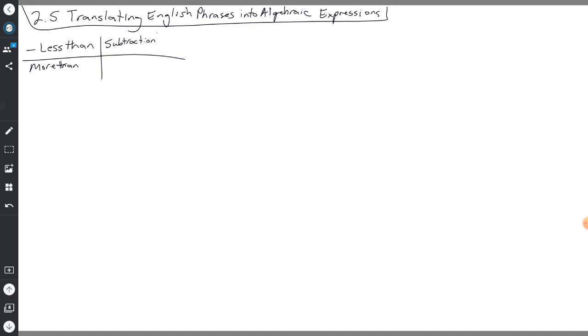Addition, right? Sum, S-U-M. Total, which is what? Addition.